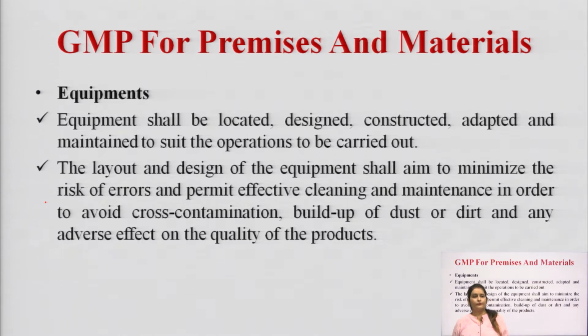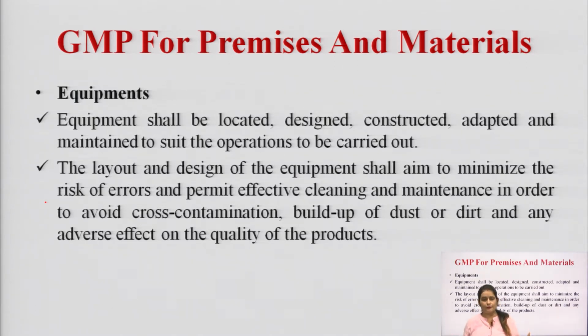So, for the equipment which we are setting up in pharmaceutical industries, we must think about where we are setting the equipment. If we are designing and laying out equipment in a particular area, the main aim of the layout and design is to minimize the risk of errors and to avoid cross contamination from different equipment.